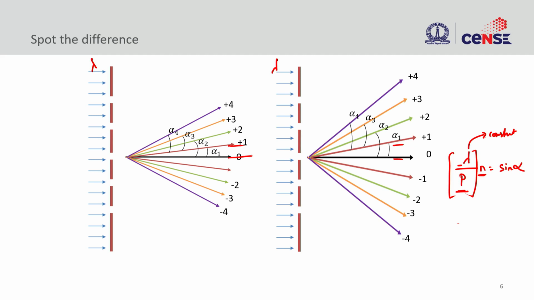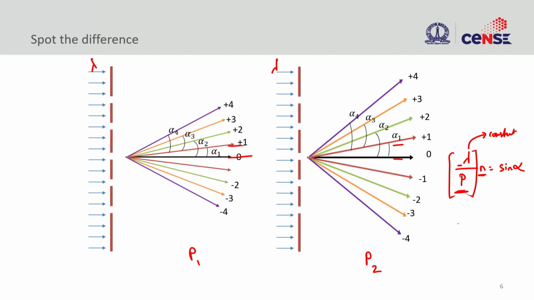So, how do we assess the pitch? I will call this pitch 1 and this pitch 2. Which one is larger? The larger the pitch, the smaller your alpha is going to be.